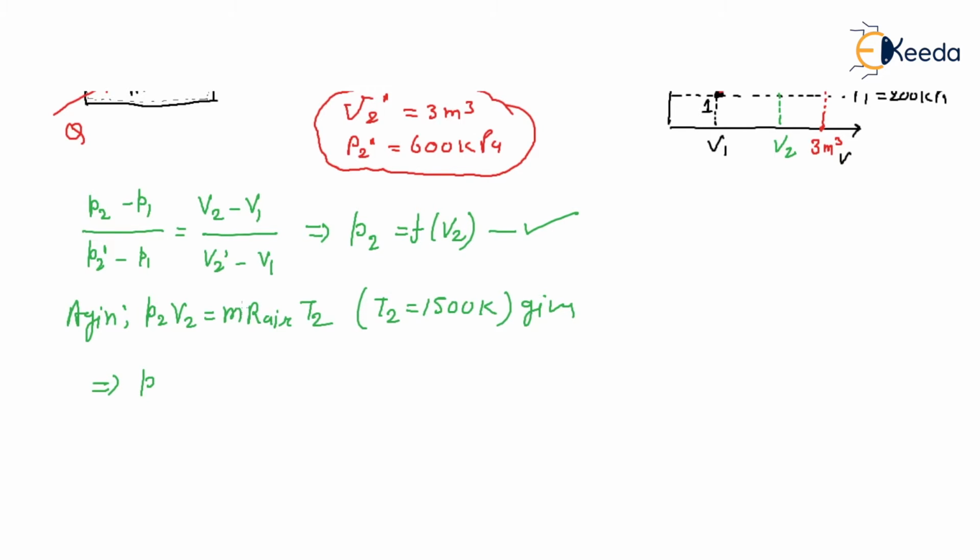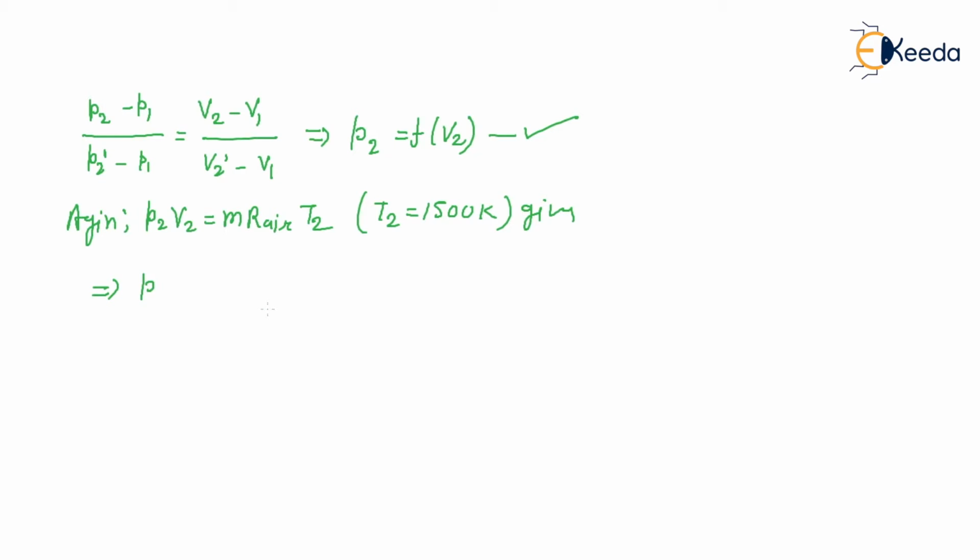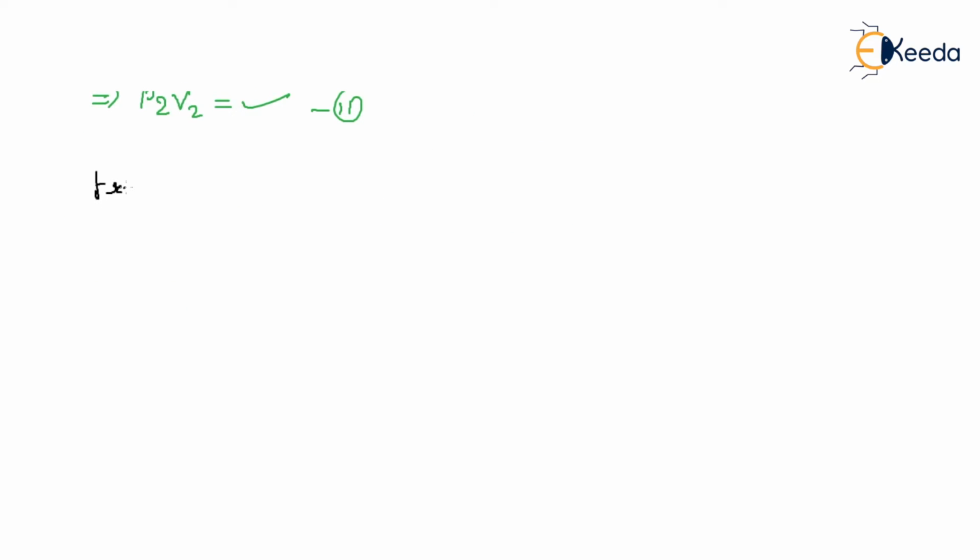So from the first and second equations we can easily find what is pressure P2 and what is the volume V2.